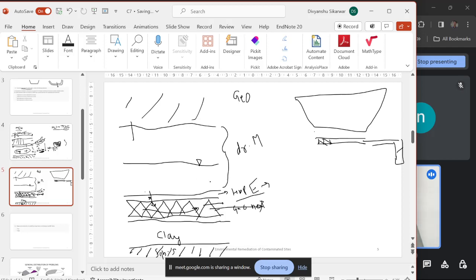Above here also there will be pipes carrying leachate to a well. There the leachate will get treated.